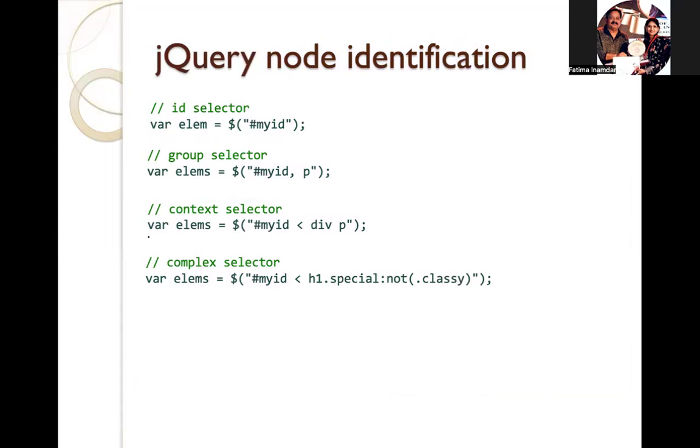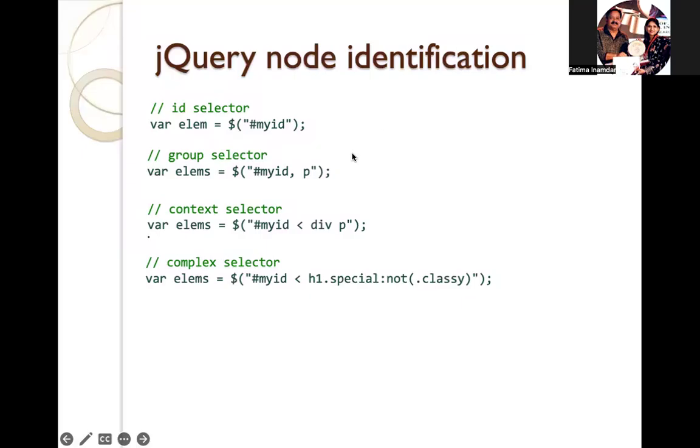Let's understand this point where we have to consider jQuery node identification. When we consider node identification, we have to consider selecting the elements.